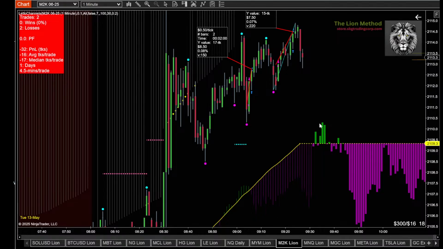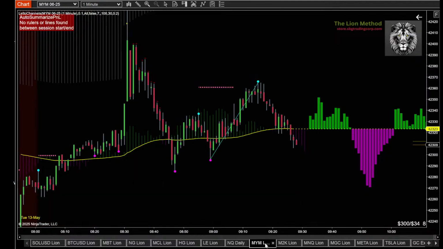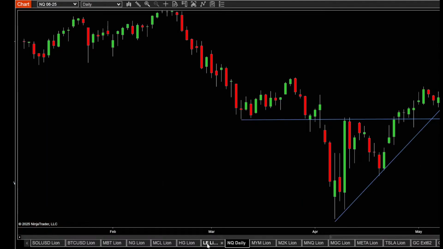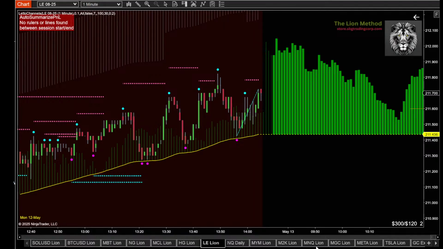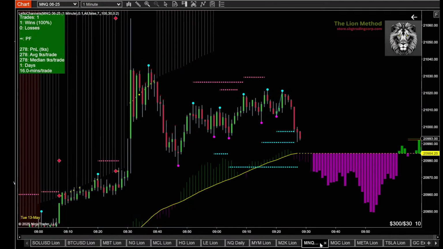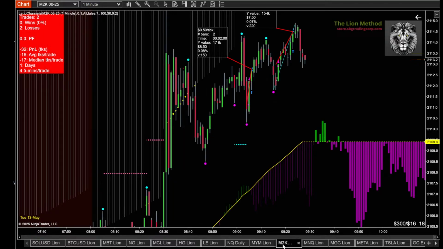Still a lot of downside available here on this Russell trade. 27 after 9. NASDAQ is moving south.